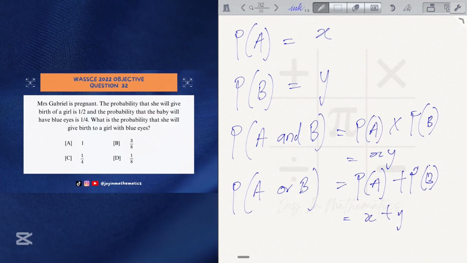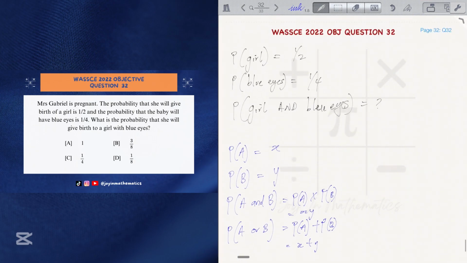So let's apply this principle of probability to the question. We have the probability of the girl to be 1/2, and the probability of the baby having blue eyes is 1/4. Now we are looking for the probability of the baby being a girl, and emphasis on the and, having blue eyes. So the result will be simple.